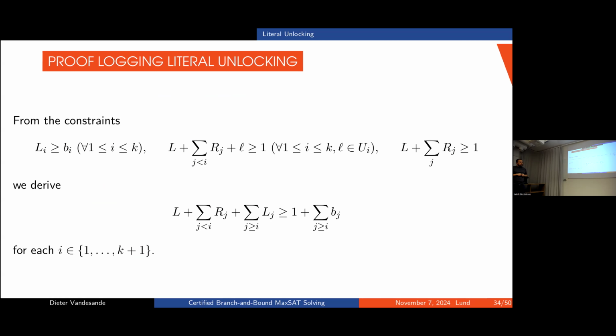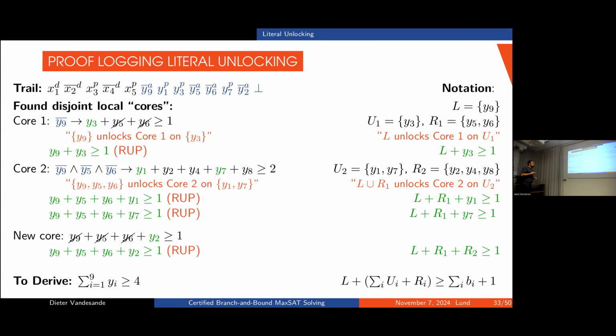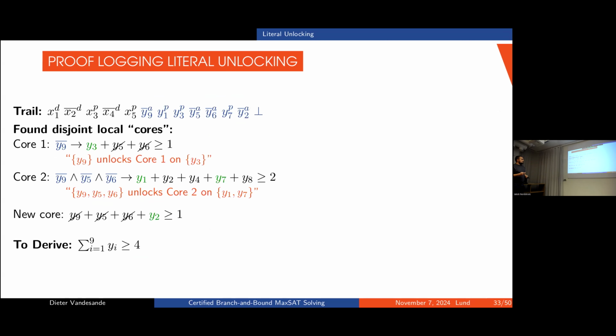And from that, we will prove by induction that we derive this constraint. What it says is that if my new literals in L, together with the rest literals that were not assigned in the previous cores, are false, then I have an increase of the lower bound of plus 1, which is actually the reasoning that I did right here.